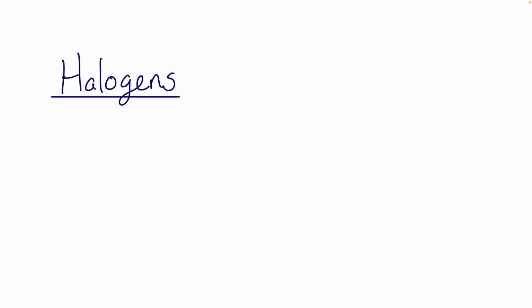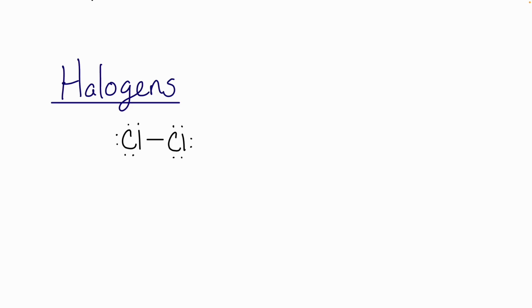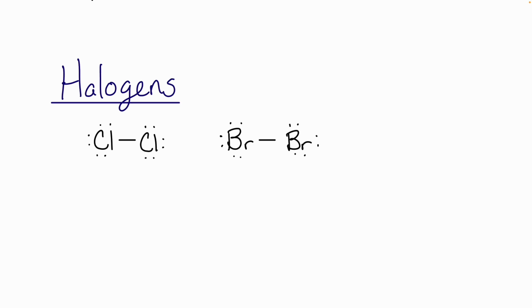And fluorine is technically a halogen, but we will often omit it from our discussion of halogens. Fluorine's just so tiny and electronegative, it doesn't really behave quite the same as all the other ones. But diatomic chlorine, diatomic bromine, and diatomic iodine, these are also decent electrophiles.